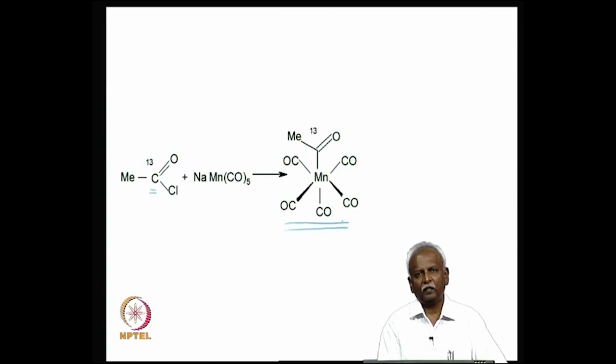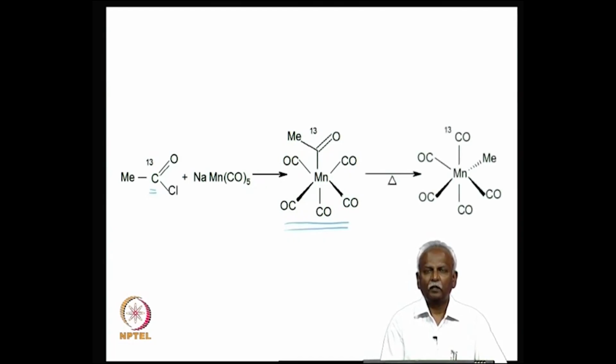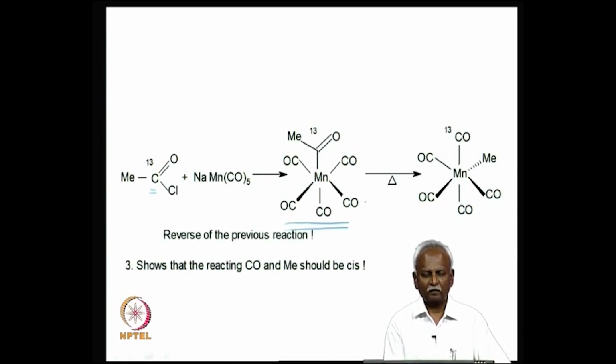Now, I told you that under the conditions of adding carbon monoxide, you did not have the reverse reaction, but if you supply sufficient heat, it was possible to convert the labeled acetyl group into the methyl complex by extrusion of carbon monoxide. Now, it turns out that this is the exact reverse of the reaction, and usually in chemistry, we know that there is a principle of microscopic reversibility, which means that the forward reaction is mirrored in the backward reaction.